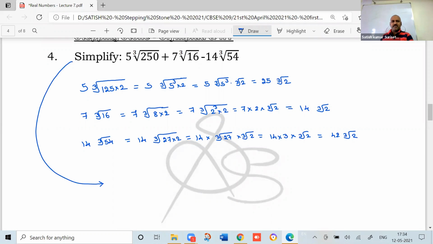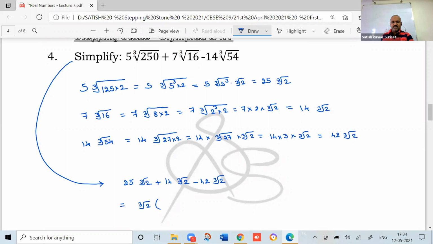So 5 into cube root of 250, which is 25 cube root of 2, plus 14 cube root of 2. Next, minus 42 cube root of 2. Now, all are in terms of cube root of 2 only. So take common cube root of 2.